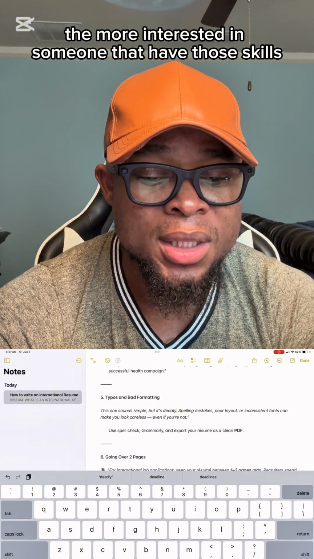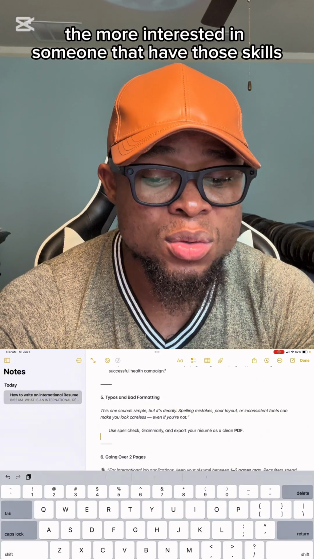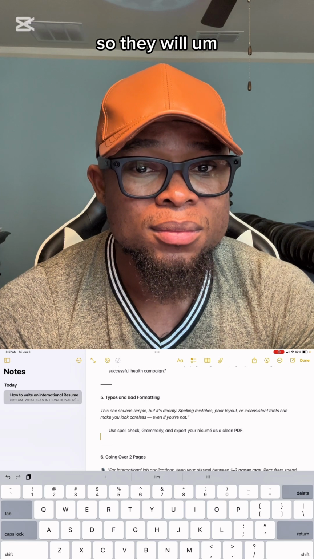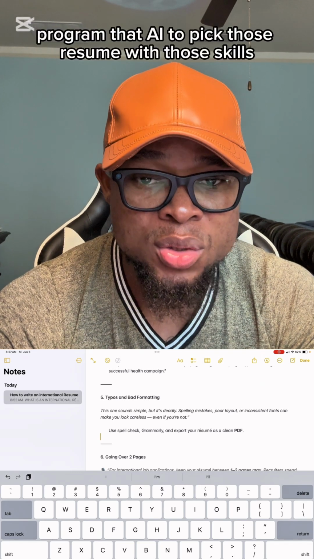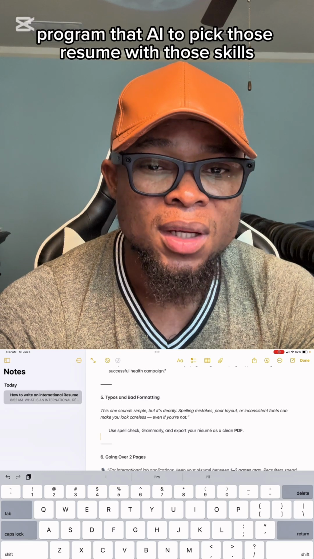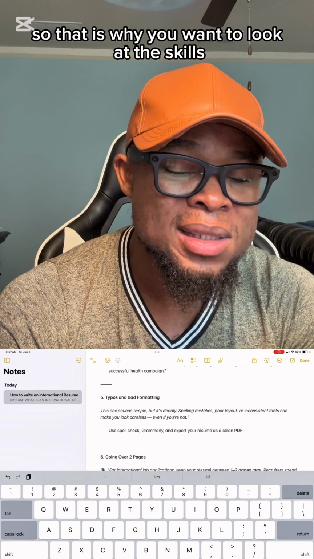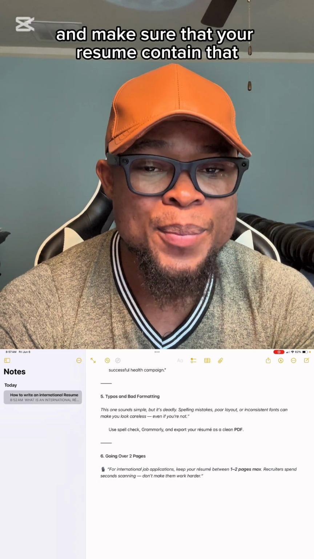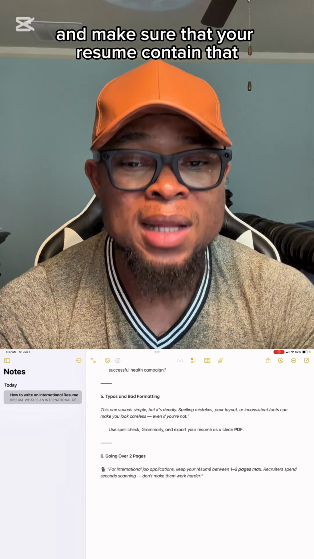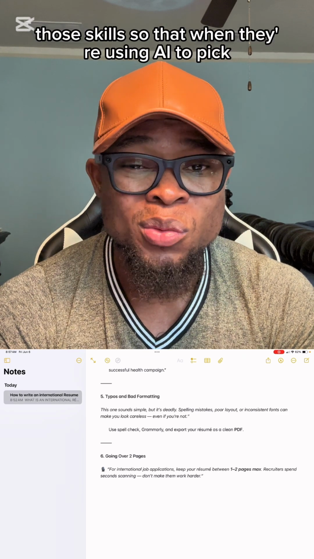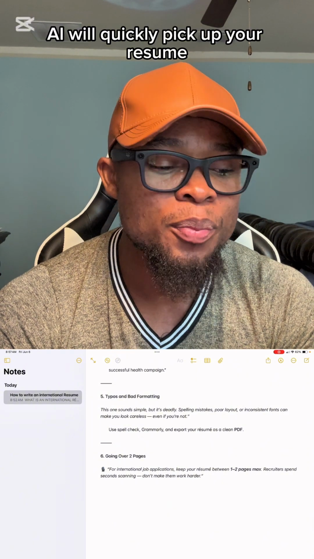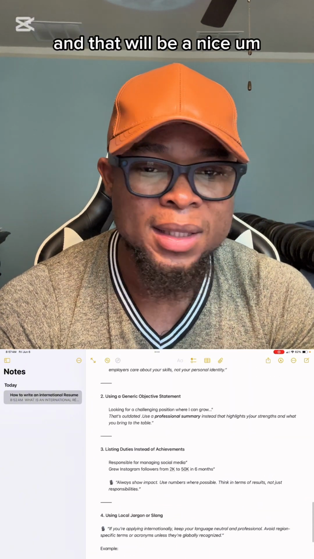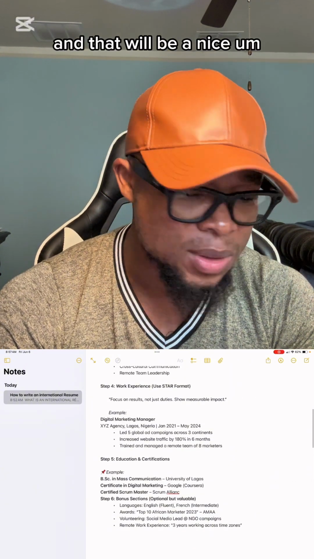They are interested in someone that has those skills, so they program that AI to pick resumes with those skills. That is why you want to look at the skills they already listed there and make sure that your resume contains those skills, so that when they use AI to pick, AI will quickly pick up your resume, and that would be a nice thing for you.